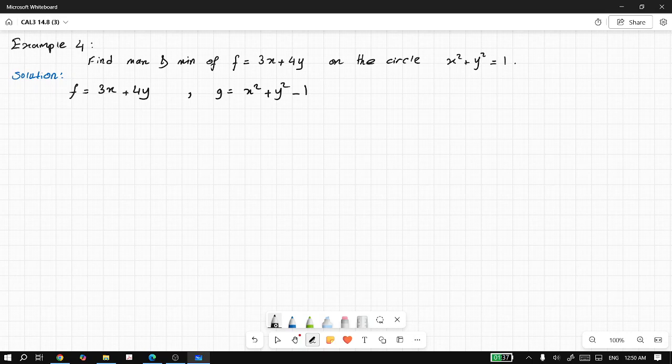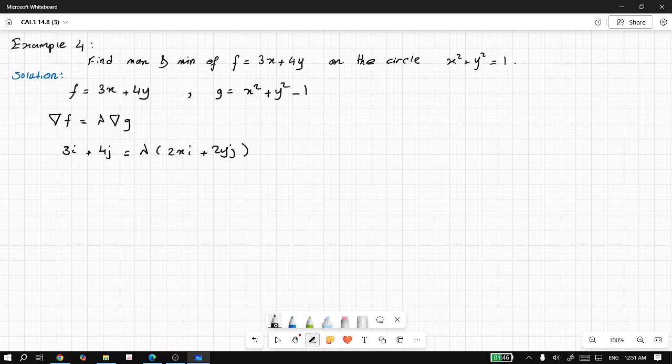Here again, since max and min is required from us, we are using Lagrange multipliers as we have used previously. So grad f is equal to lambda grad g. Grad f is equal to 3i plus 4j, that's equal to grad g, which is 2xi plus 2yj.